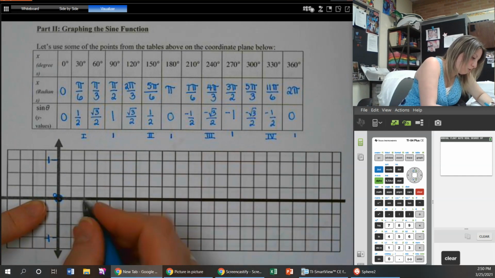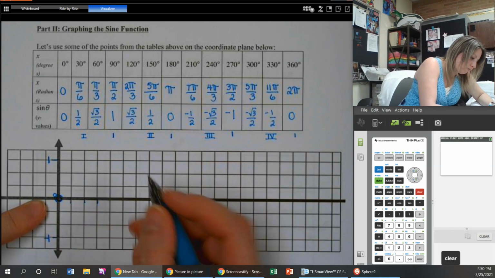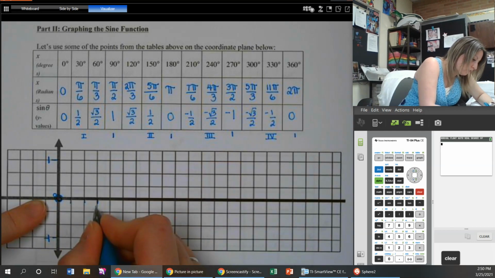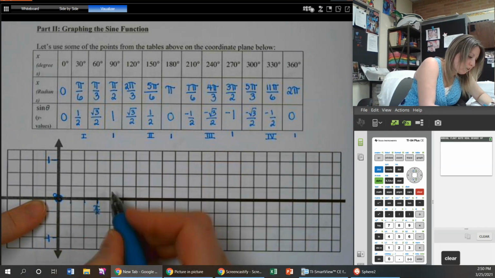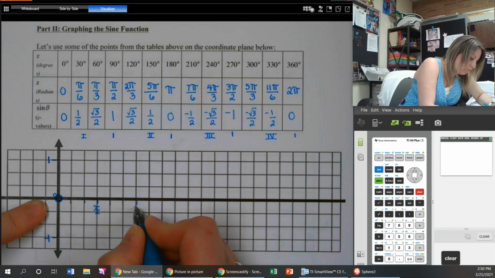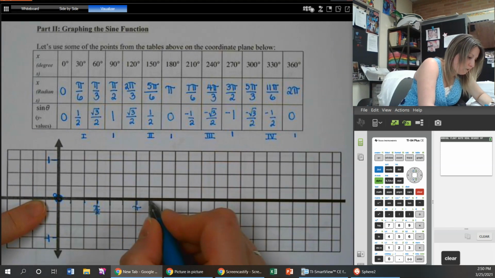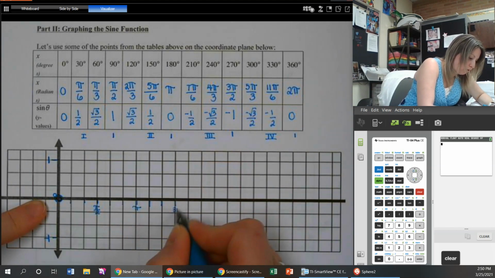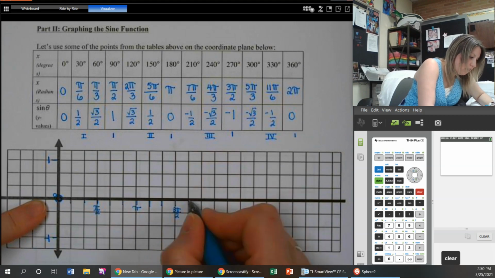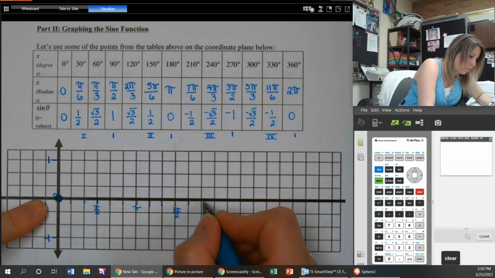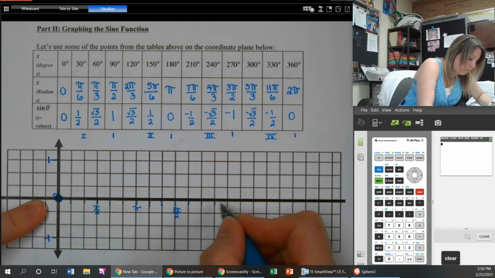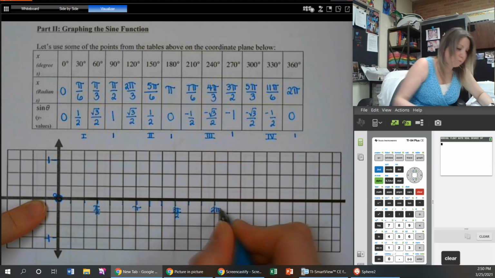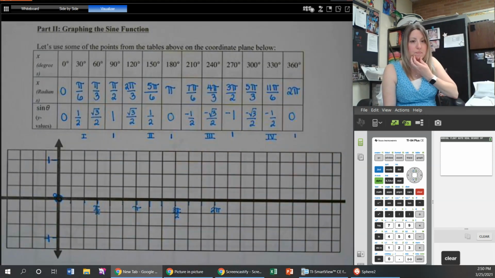So 30, 60, 90, I'll call this pi over 2. And then 120, 150, 180 is pi. And then 210, 240, 270 is 3 pi over 2. And then 300, 330, 360, that's 2 pi. That's plenty of space.